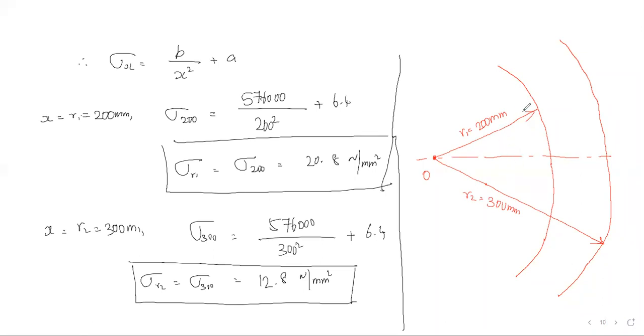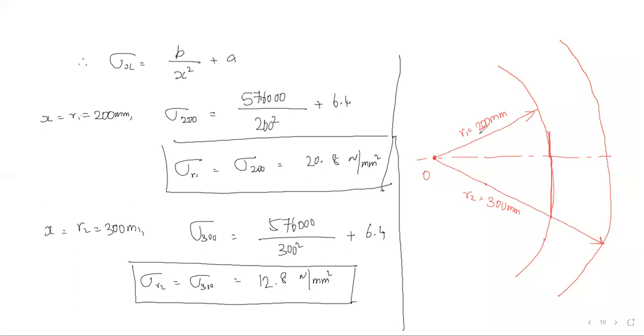So here is our pressure distribution diagram. Internally we can have two pressures: one is fluid pressure, then another one is our hoop stress.